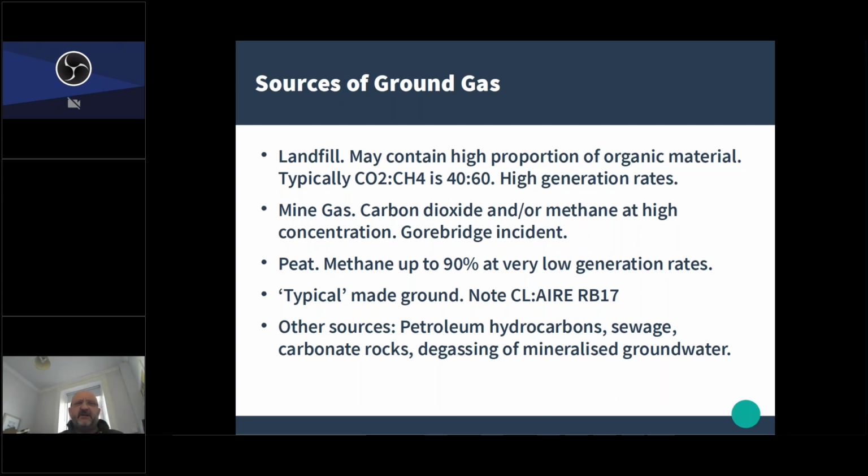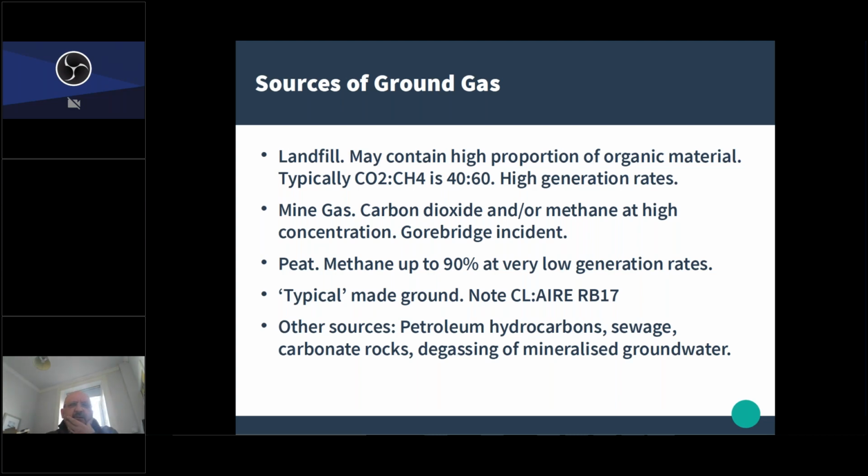There's a bit of a range. It might be 40-60 or 60-40, and as you would expect, very often gas generation rates are very high. So much so, in fact, that a lot of local authorities, where they have, admittedly usually historical, landfills, are harvesting the methane and using it to heat the council office or drive the refuse wagon or something like that.